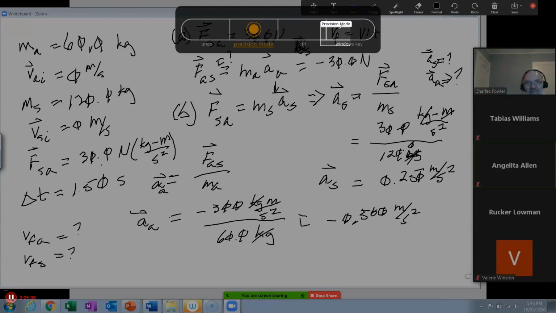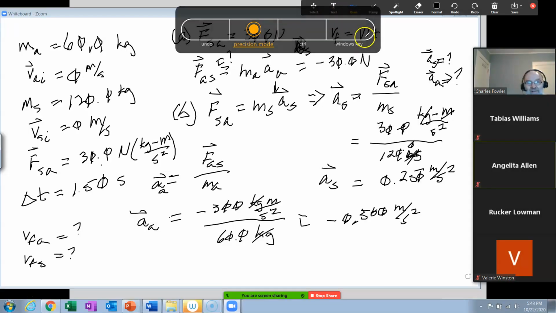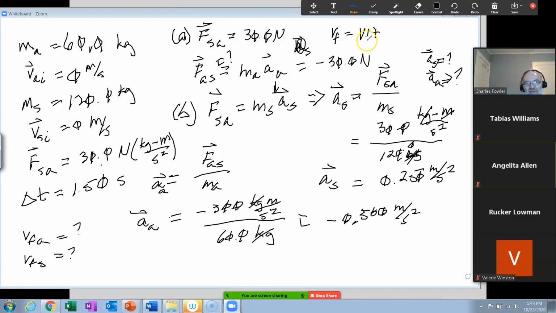I'm writing near the top and I can't get the thing to disappear. It'll fade out in a minute and probably take away part of what I did. Yep, it took out the plus sign. Now, V initial plus at. That's the formula we'll be using.